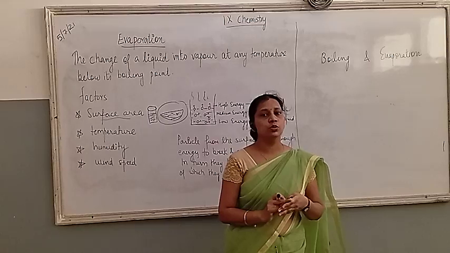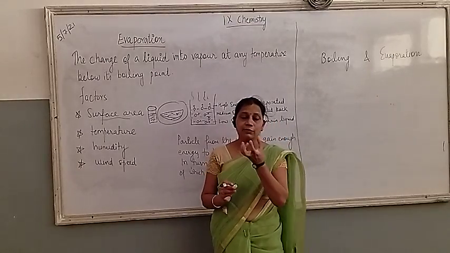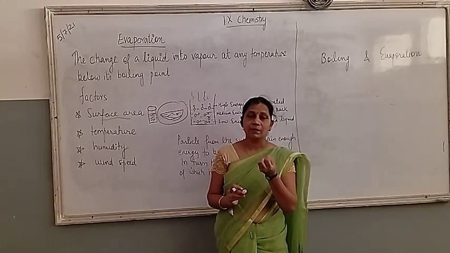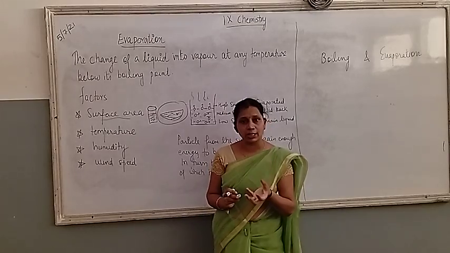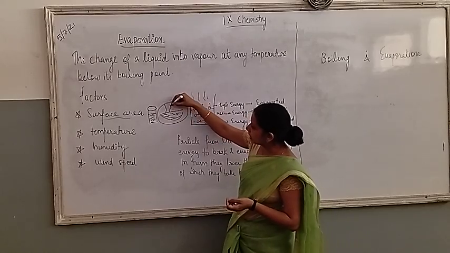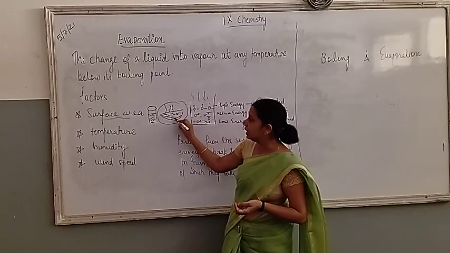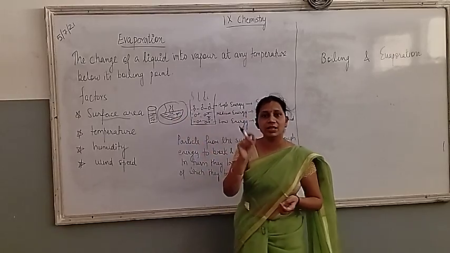And as I told you, when a liquid changes into vapors, it takes heat from the surroundings. That means it will cool the temperature of that liquid. So as this liquid evaporates, it is taking heat from the liquid, so it will cool it down a little bit.